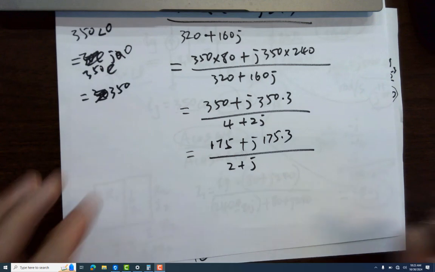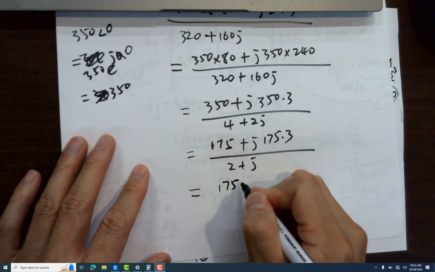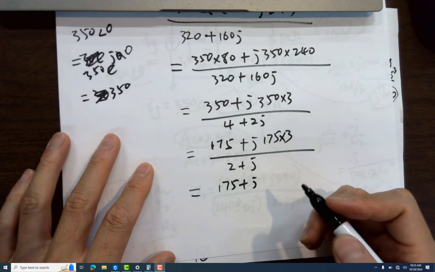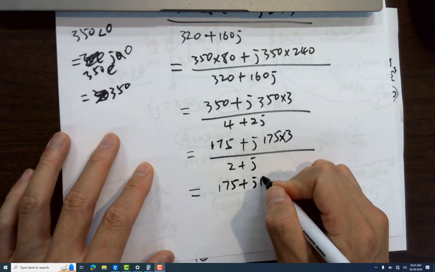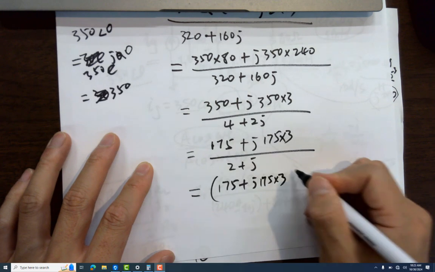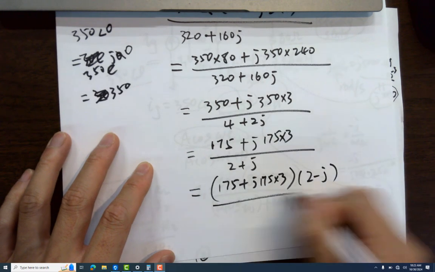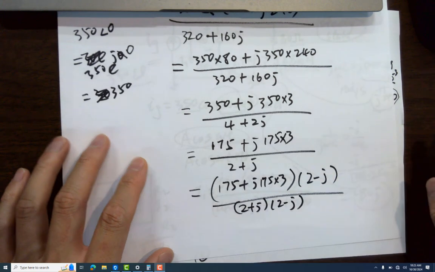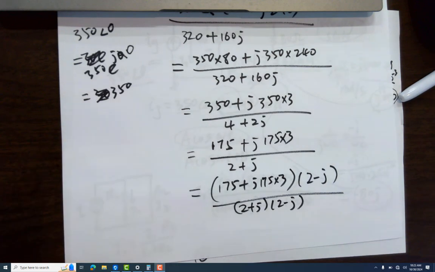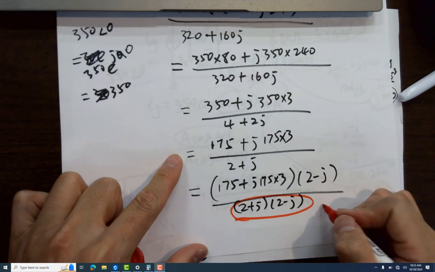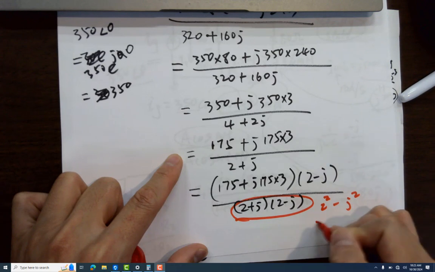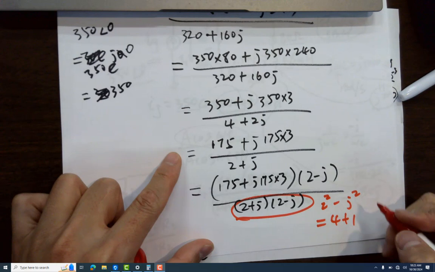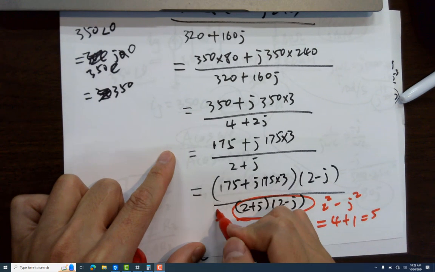If you don't have a calculator, what can we do? The denominator becomes 2 squared minus J squared, which is 4 plus 1, which is 5. So this is 5.